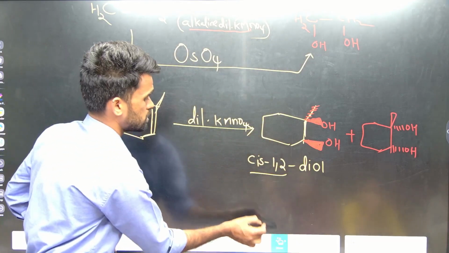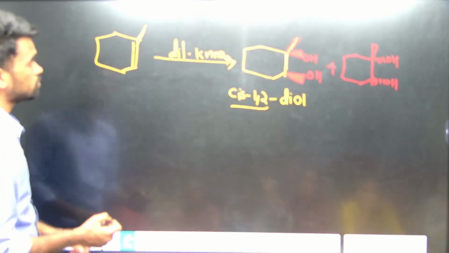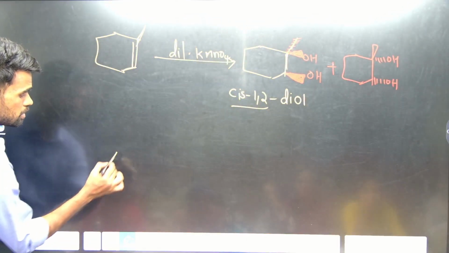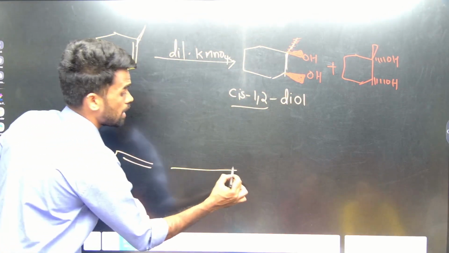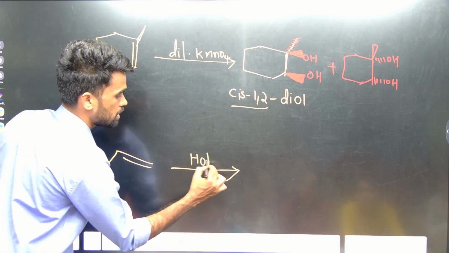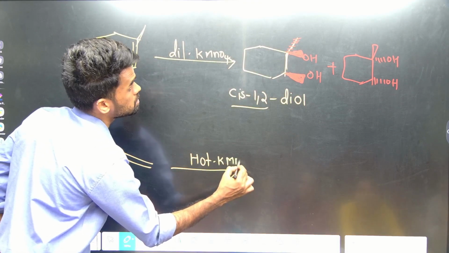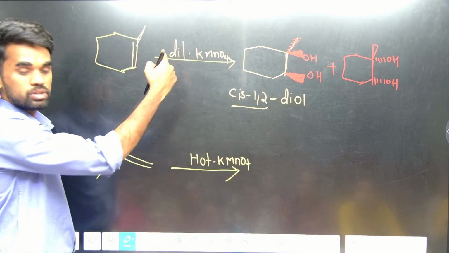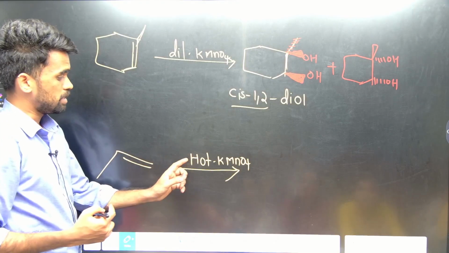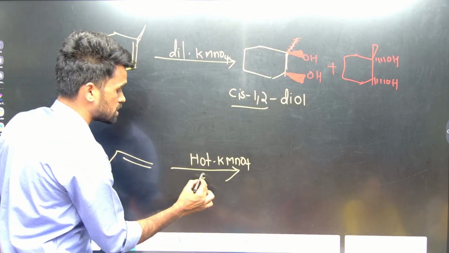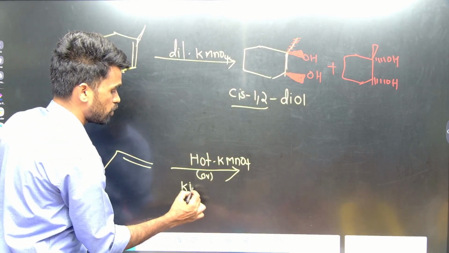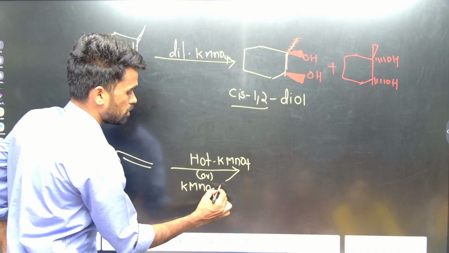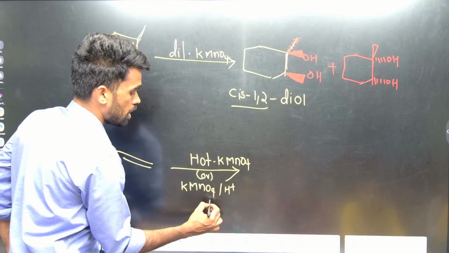Okay. Now the same KMnO4, look here, once again I am saying the same KMnO4, here in hot condition, hot KMnO4. There it is cold dilute. Here they may mention hot KMnO4 or simply KMnO4 in acidic medium, or heating condition.